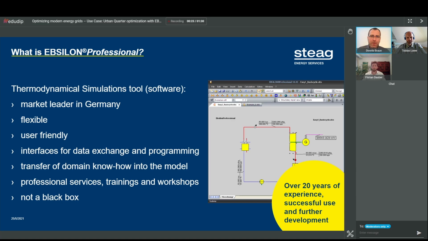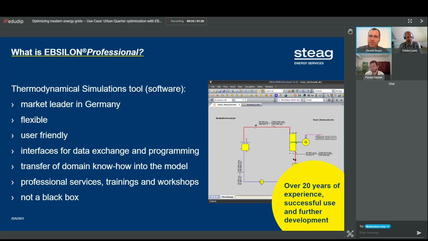Good. So before we finish, we have been talking about EBSILON for 10 minutes already, but what is it? It's a software. You can buy it. It's a CD. It's much more, but let's keep it simple for now. We see a standardized model, and we will have the challenge with Florian in a second. It's the market leader in Germany and even further. It's very flexible, user-friendly. We also offer professional services, trainings and workshops, and it's not a black box.